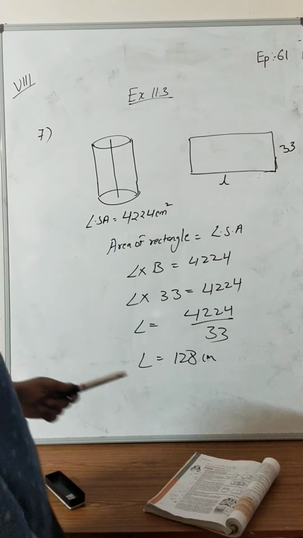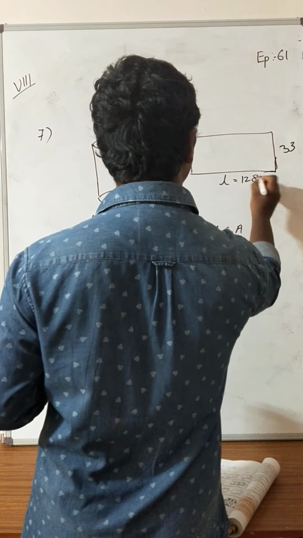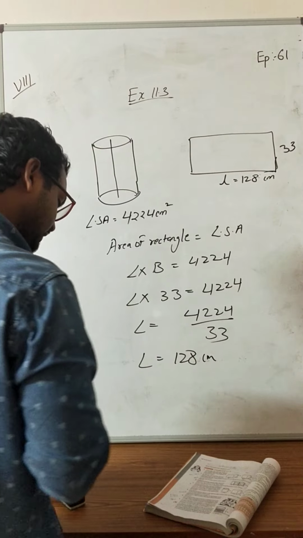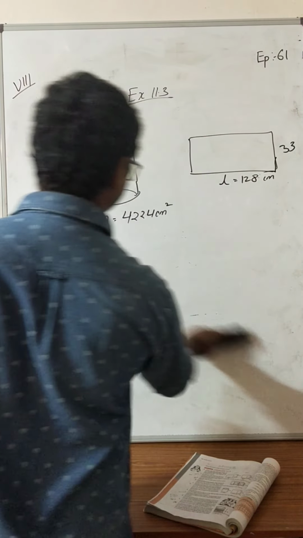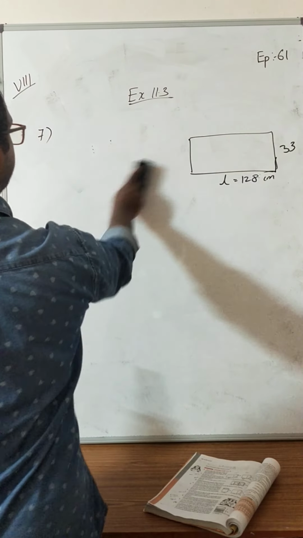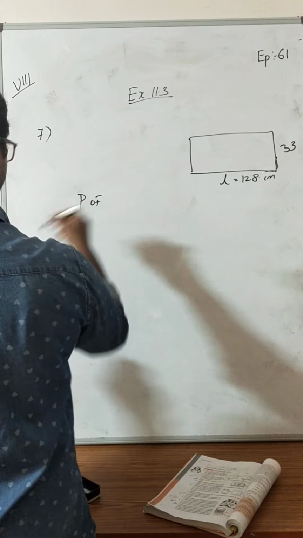Now the question is, find the perimeter of the rectangular sheet. So find the perimeter of the rectangle. Perimeter of rectangle is how much?